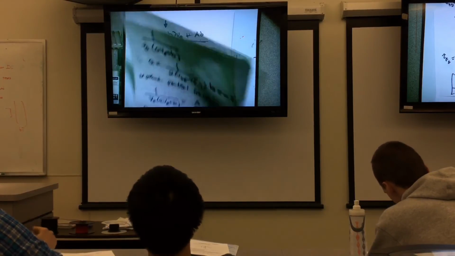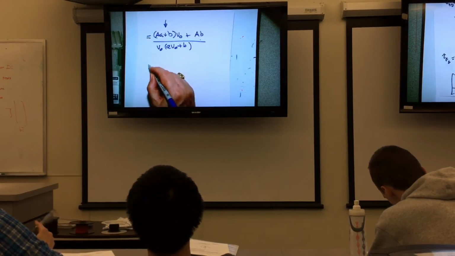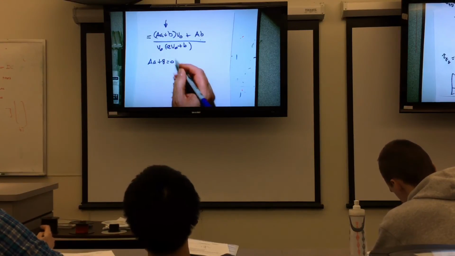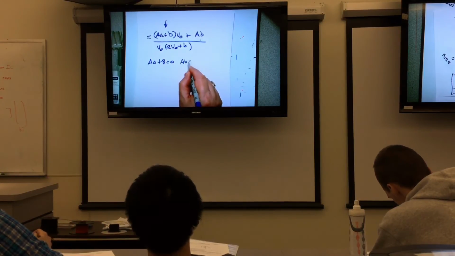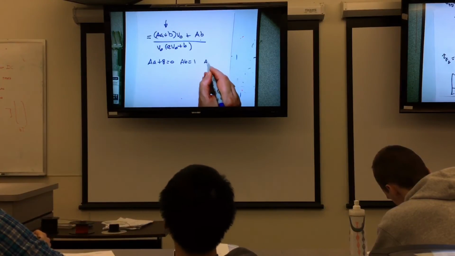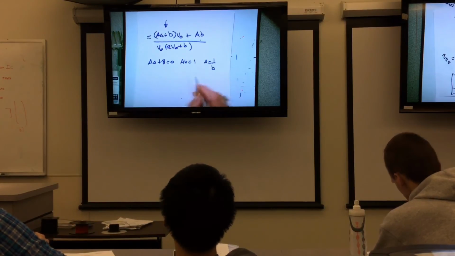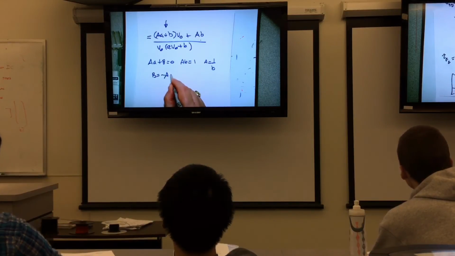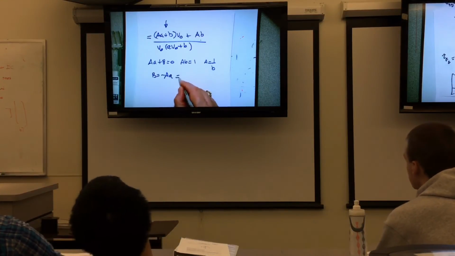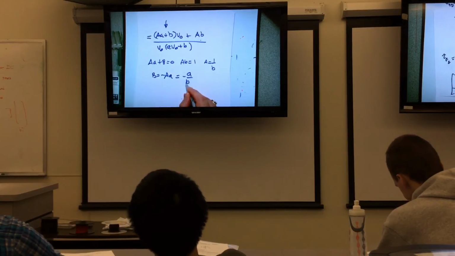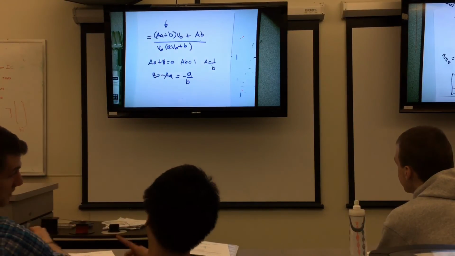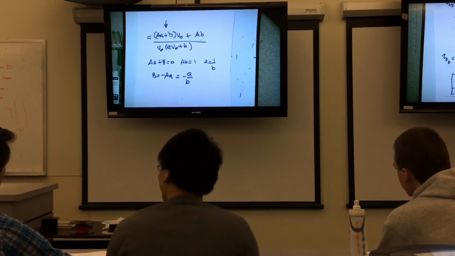So we get A plus B equals 0, and A times little a equals 1. And A is equal to 1 over a, and B is then minus A, which is equal to minus 1 over a. So in terms of the original little a's, we now have the big A and B.